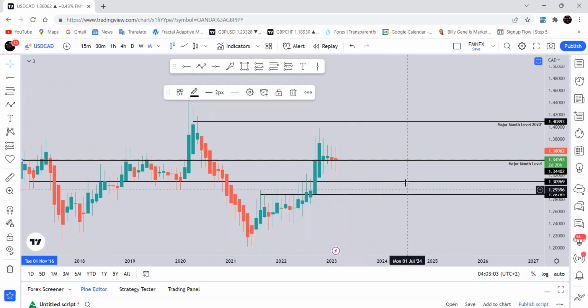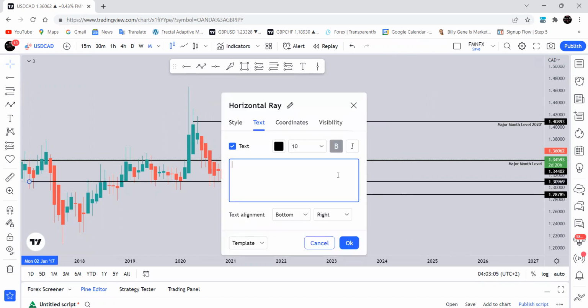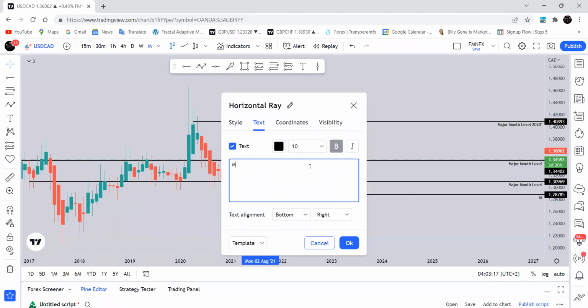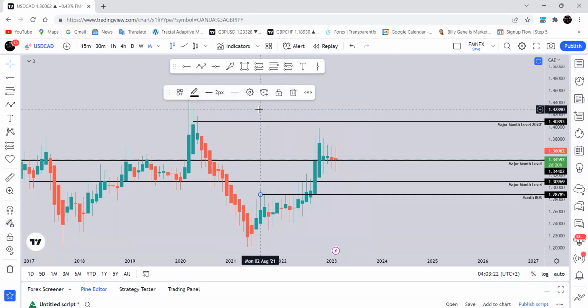Major month level, and we know what we're looking at. And we can see month BOS, break of structure. Month BOS, break of structure.